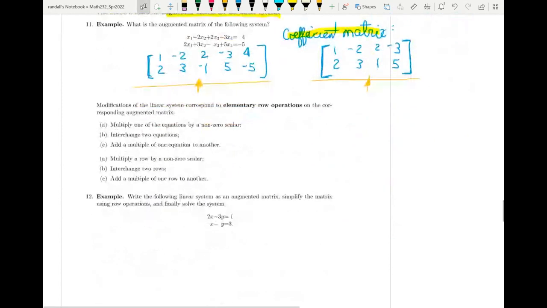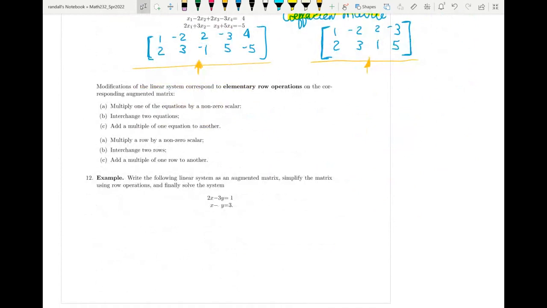Here we will just specify it in English. So moving right along, what we discussed above were these operations, and now we're going to translate those operations into operations on the matrix. So these are operations on the equations, which I used above, and this is going to be the operations on the augmented matrix.